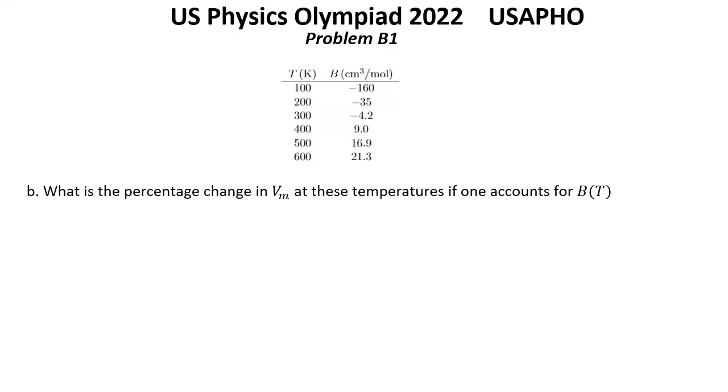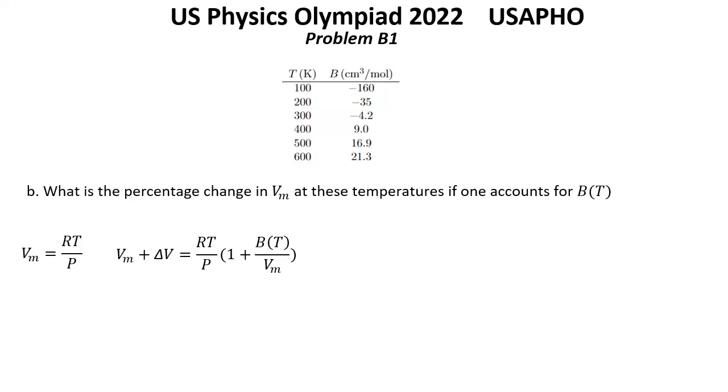Solution for question B. What is the percentage change in V_m at these temperatures if one accounts for B(T)? Solution. From the ideal gas law we have V_m equal RT over P. From the virial expansion for the first two terms we have this expression.